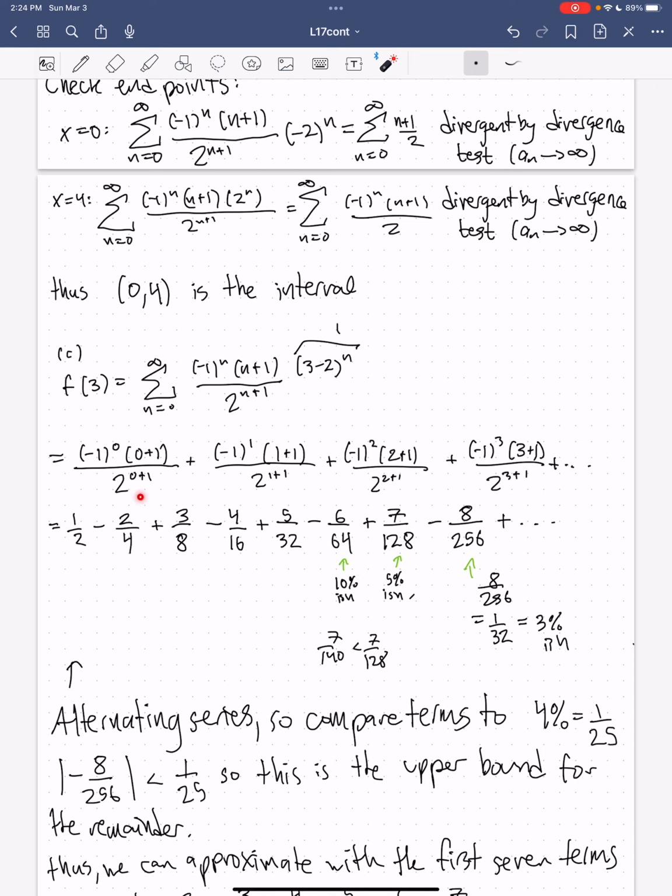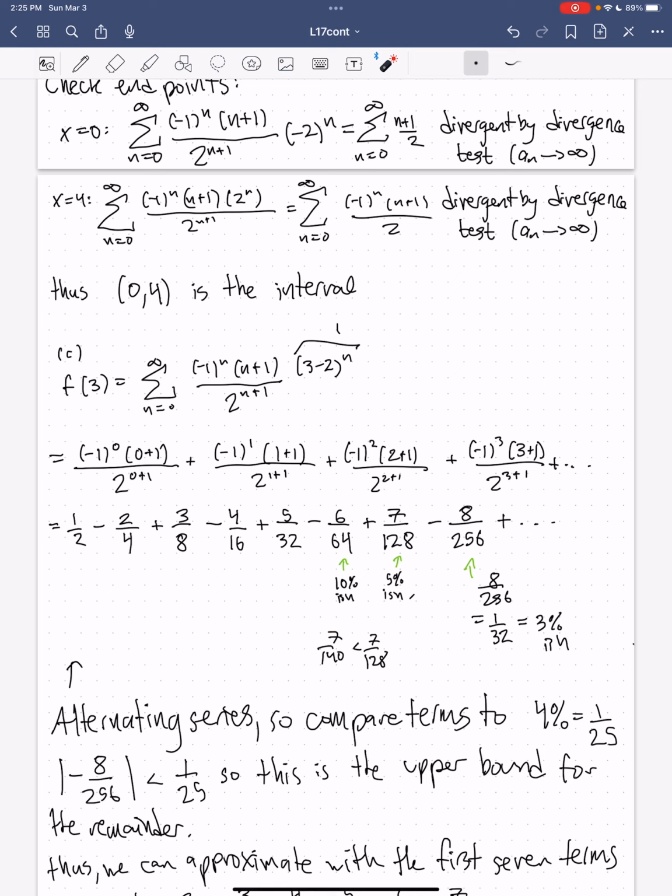So if we look at a bunch of terms of the series and calculate them out, we're looking for ones that are less than 1 over 25. Then, by the alternating series estimation theorem, we can just exclude every term from there on. And so looking at some of these fractions, this one is going to be about 10%, because I'm comparing it to 6 over 60. 7 over 120 is going to be about 5% because I'm comparing it to 7 over 140.